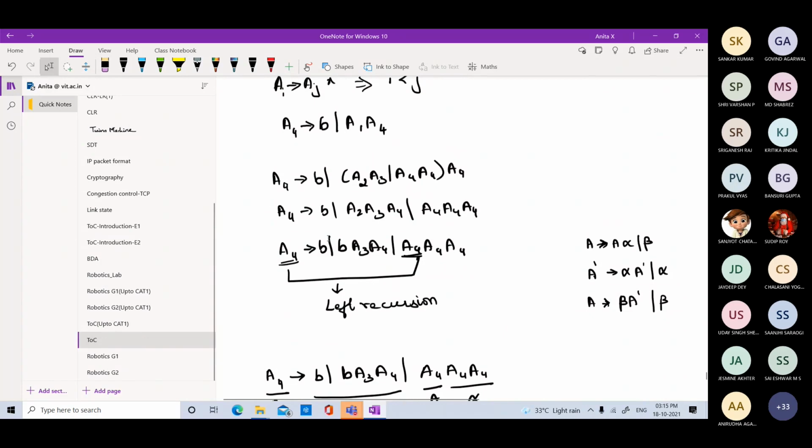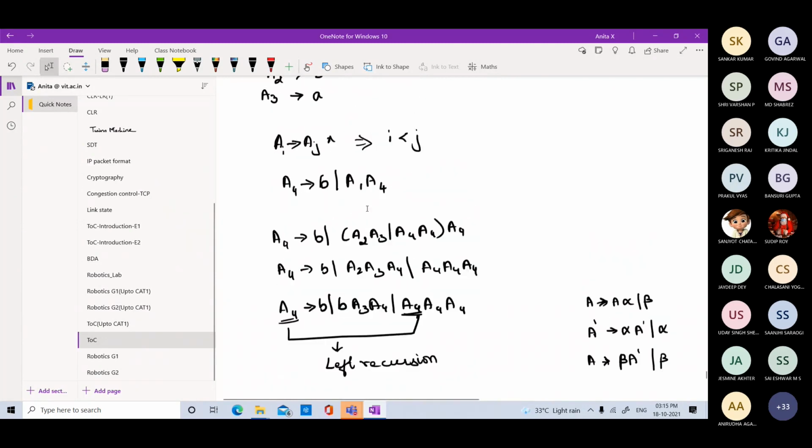Yes, ma'am. A3, A4, A3 also. Let me check. Here, 3 is also less than 4, right? So we just need to check the first non-terminal only. Yes. Okay, so only the first term we have to check.